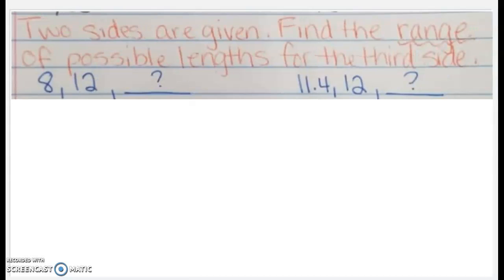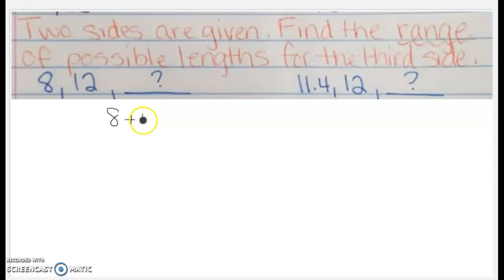Okay, so another application of this is two sides are given. Find the range of possible lengths for the third side. Okay, so I need to test those side lengths, right? So one of the situations is I'm going to add them.